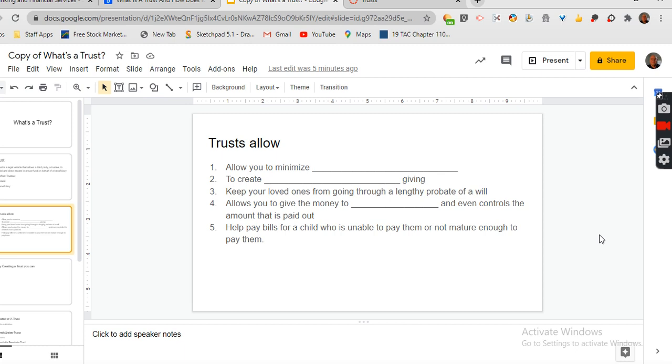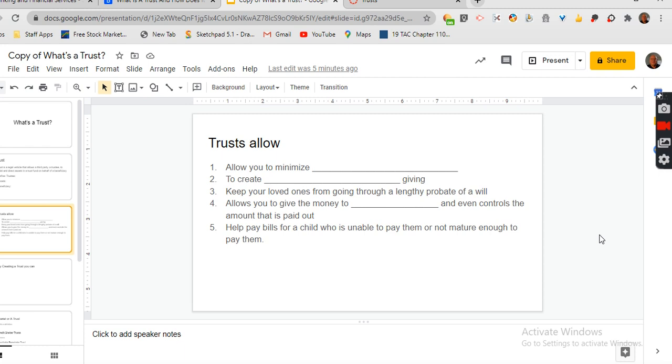Like when you see a hospital with a big building that has a name on it, that money probably was given through a trust. Even though that person has passed away, the trust is still giving money every year. That's what legacy means.